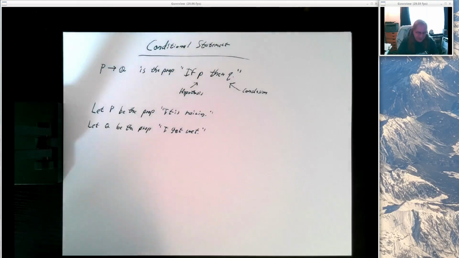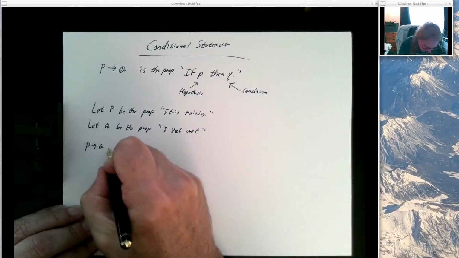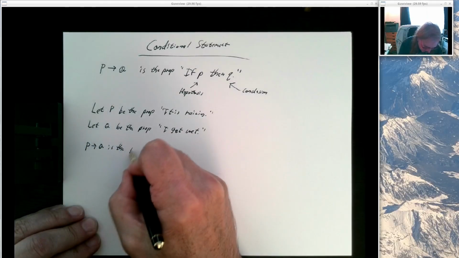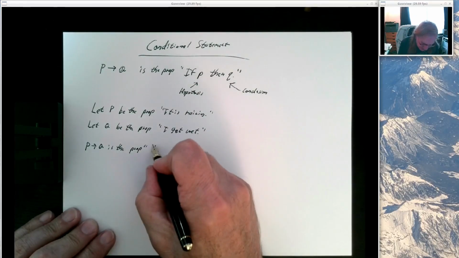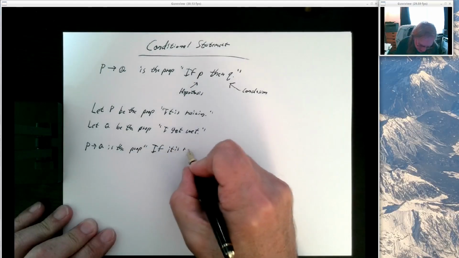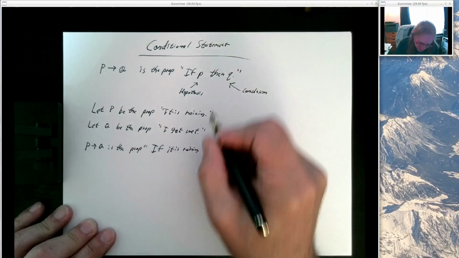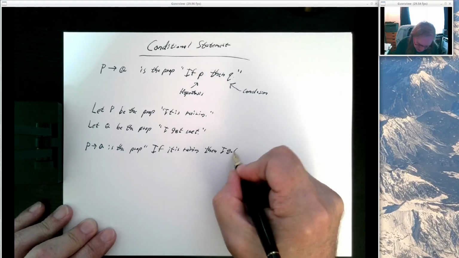So P arrow Q is the proposition, and it's literally just if followed by this proposition, if it is raining, then I get wet.